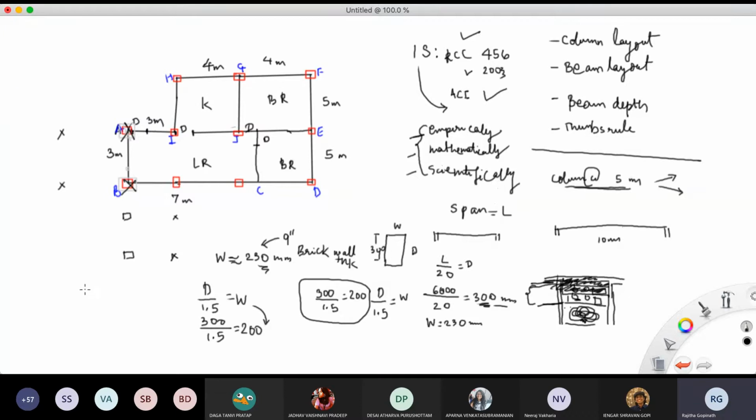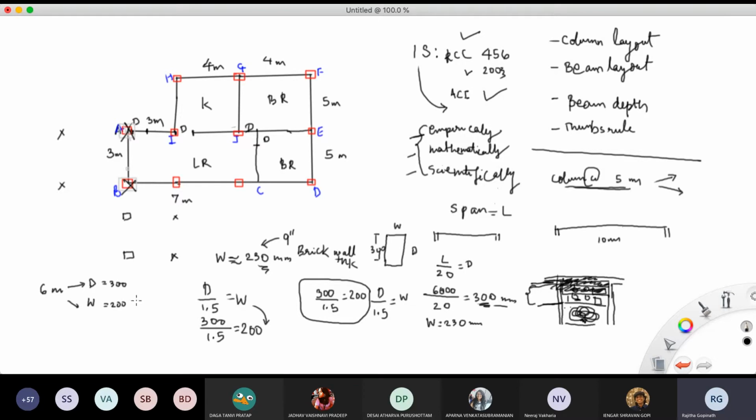So for a beam that is spanning 6 meters, the depth is 300 mm and the width is 200 mm.